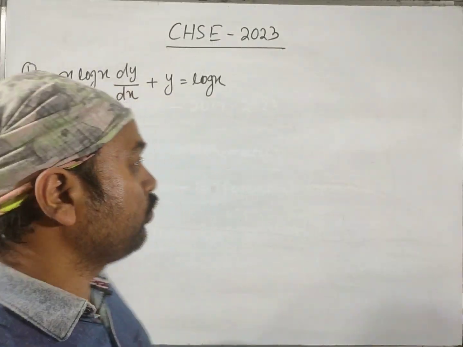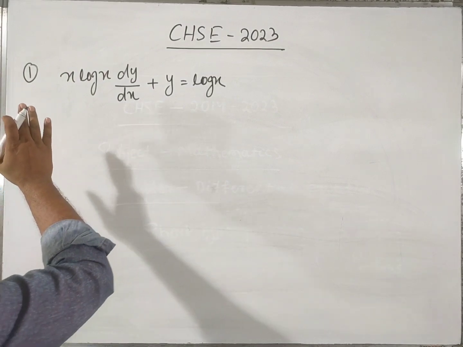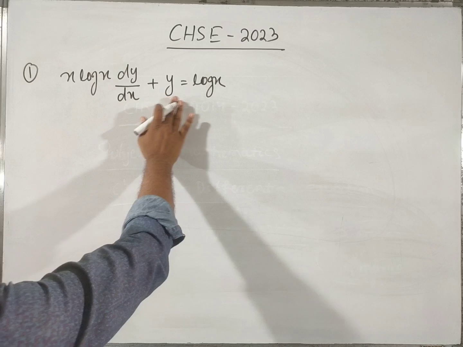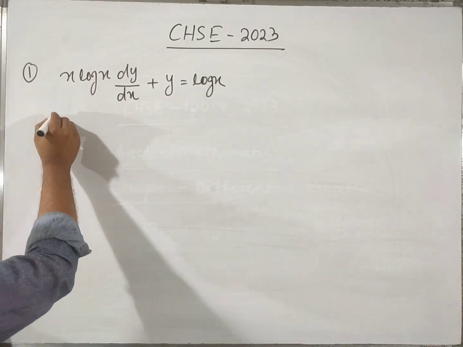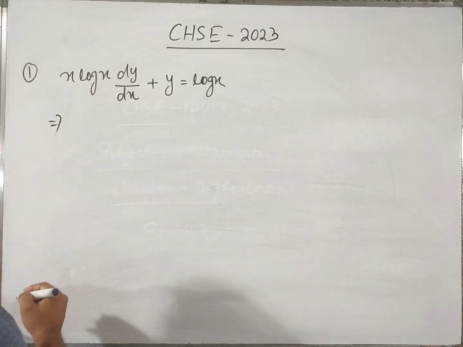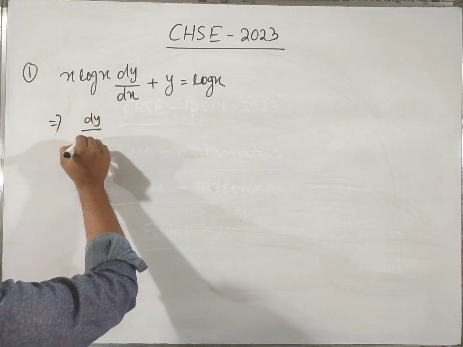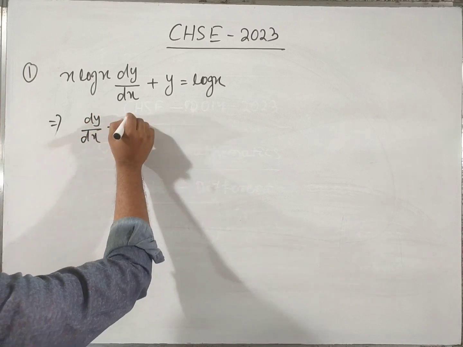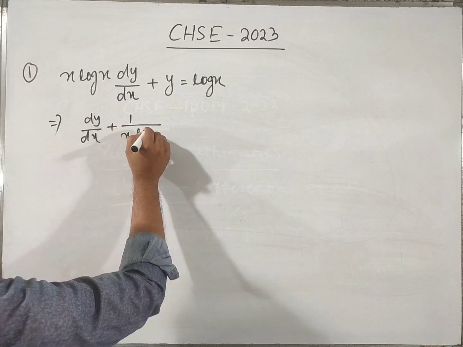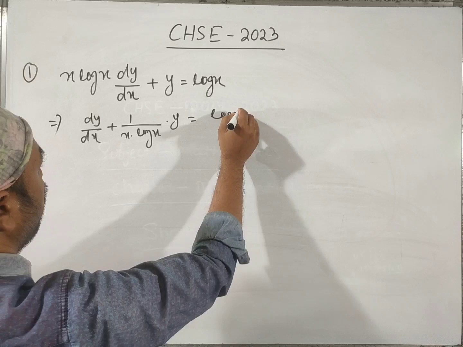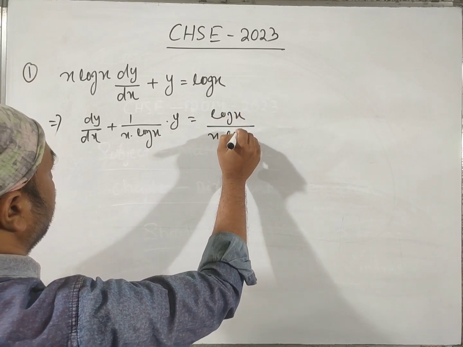So here is the first question, and the given differential equation is x log x dy upon dx plus y is equal to log x. First of all we have to simplify this. It will be dy by dx plus 1 upon x log x multiplied with y equal to log x divided by x log x.